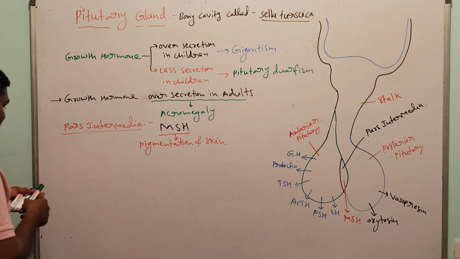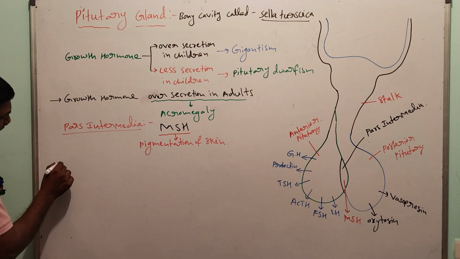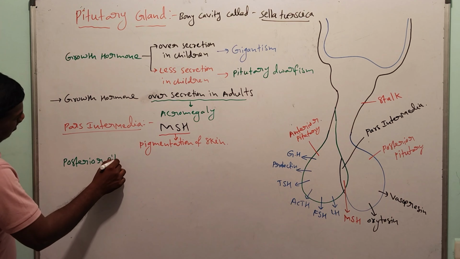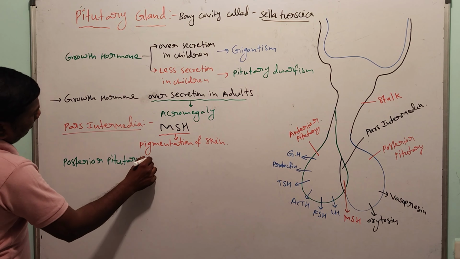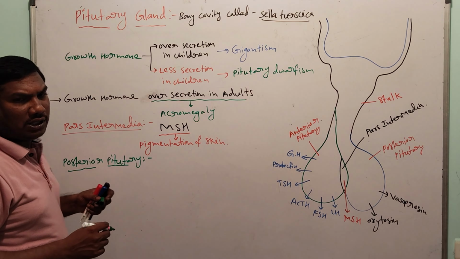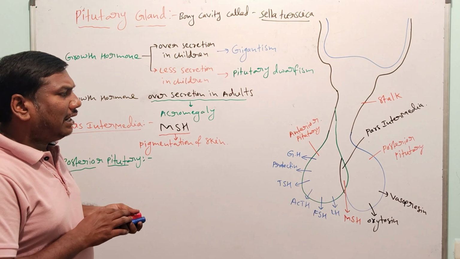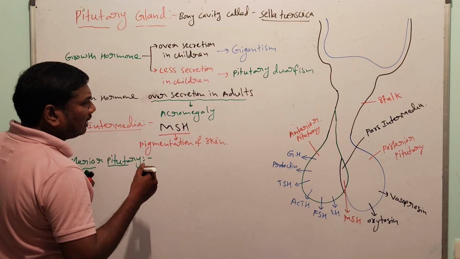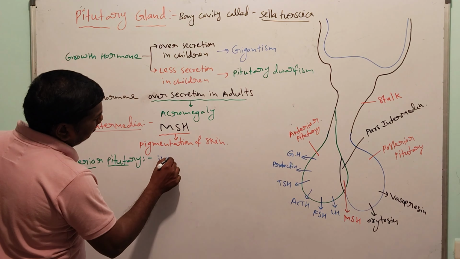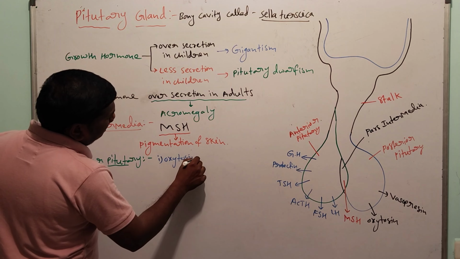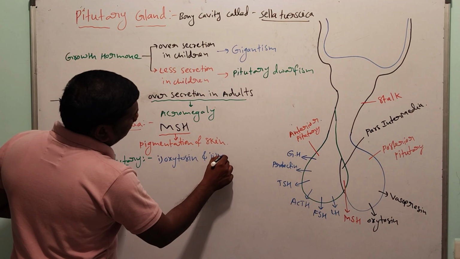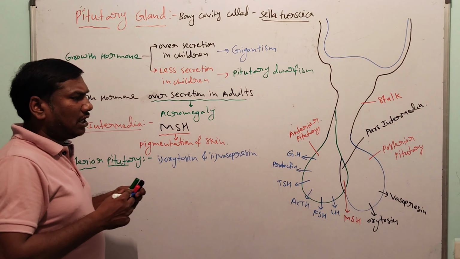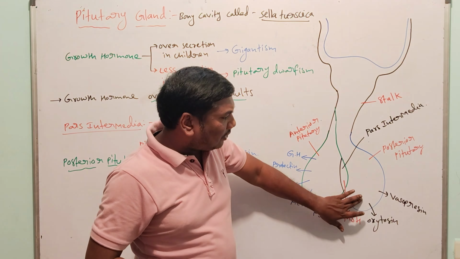Next one is the posterior pituitary. The posterior pituitary releases two types of hormones: oxytocin and vasopressin.